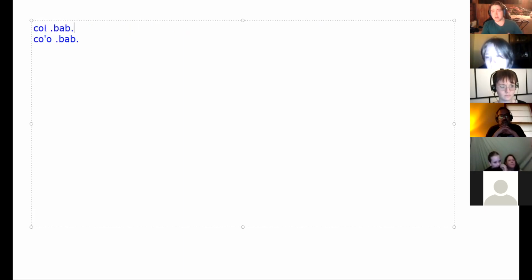But these have to have a stop before them because coi and co'o can be part of names, right? So you could have a name like cois or co'os. The reason we prohibit la and doi is because they're the most common, and so it allows us to have la Bob. You don't have to stop before every single name when you use la or doi, but you do when using coi or co'o. Does that make sense?